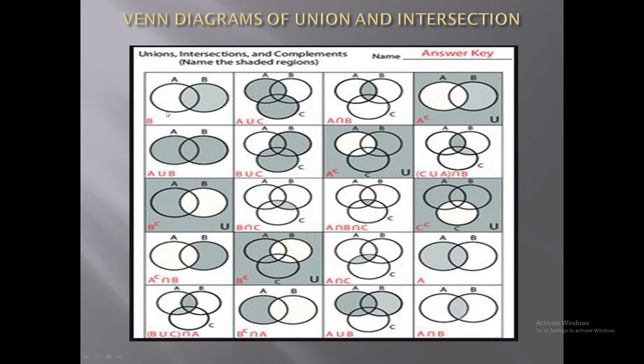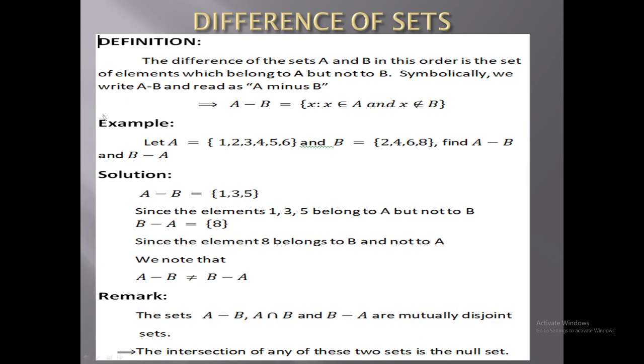This one is A and this one is B. So the shaded part is B. Here the shaded portion is denoting A ∪ C. Here there are three sets A, B, C. The shaded portion gives you A ∩ B, the common portion of A and B. This one denotes the complement of A, elements other than A. So let me explain another slide, then we will come back to that Venn diagram.